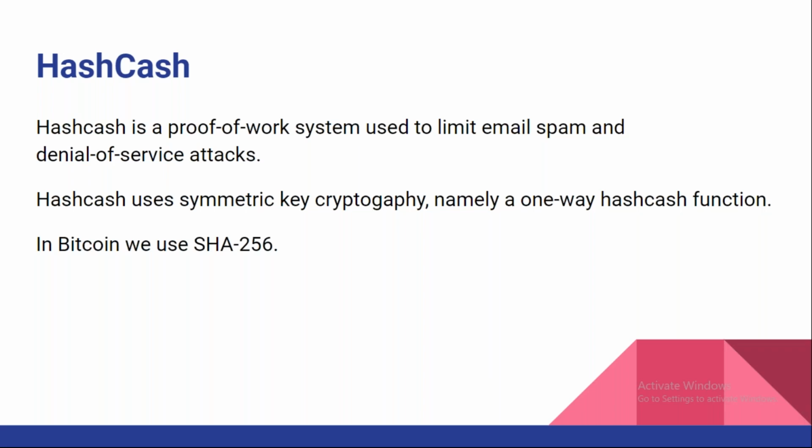These are the two algorithms that play the key roles while doing transactions. One is the proof of work algorithm. It helps limit email spam, because we keep some transaction fee also, right?